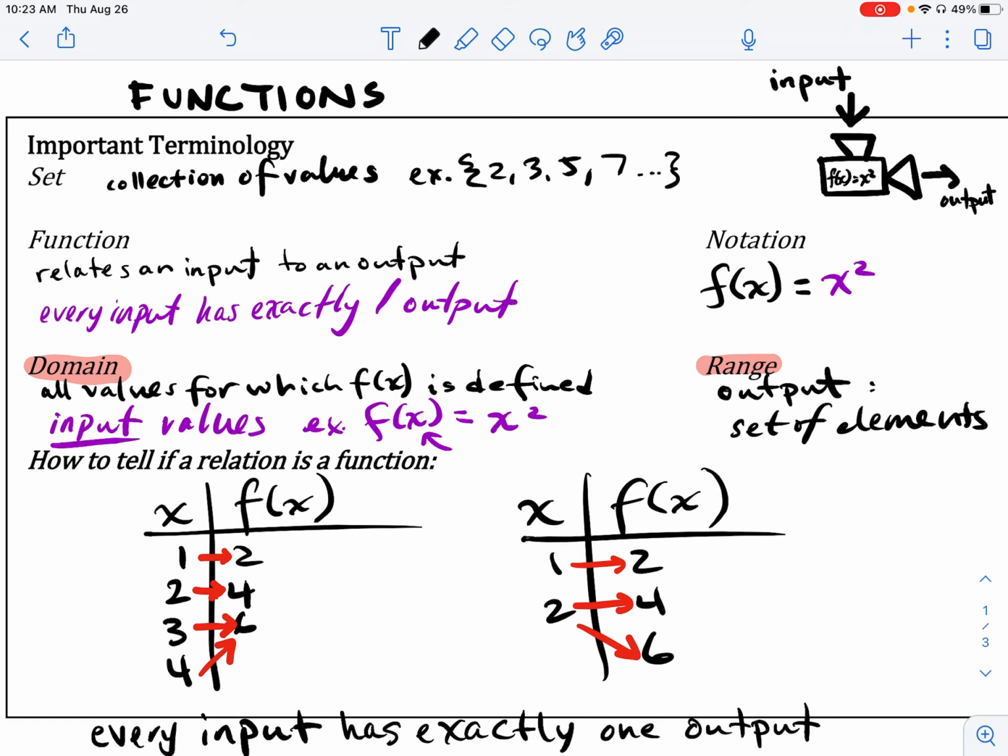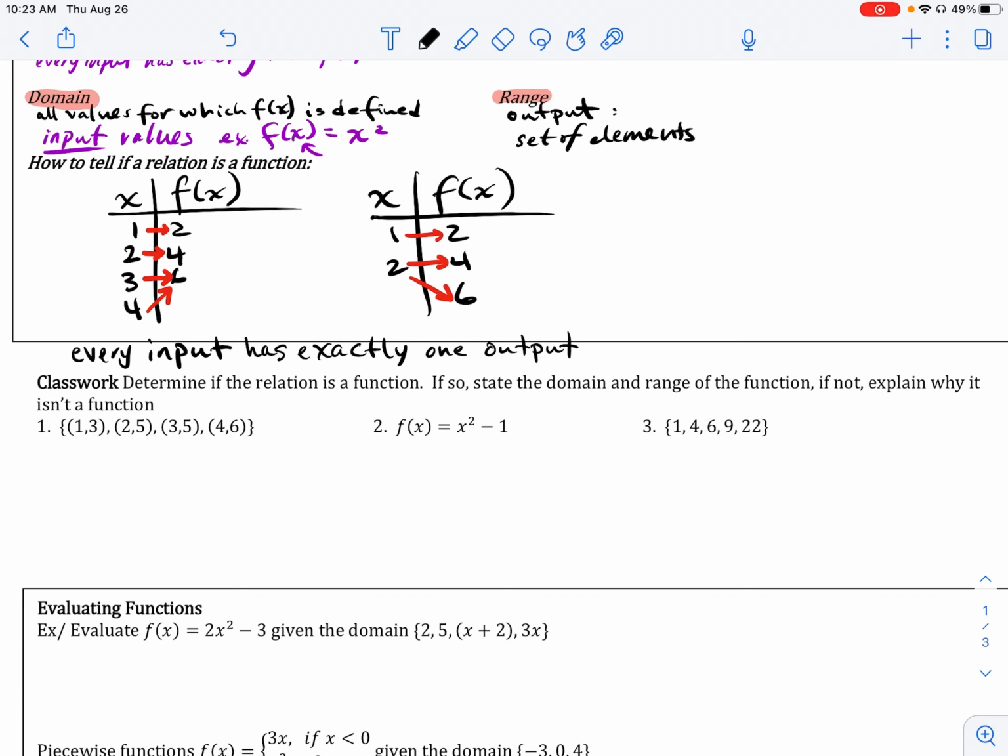So now that we have seen a couple of examples, I'll do a few more. Looking at this one right over here, I've got x and f of x. Let's look at some of these examples here. I've got 1 resulting in 3, 2 resulting in 5, 3 also results in 5, and let's continue this here, 4 results in 6. Ask yourself, is this a function?